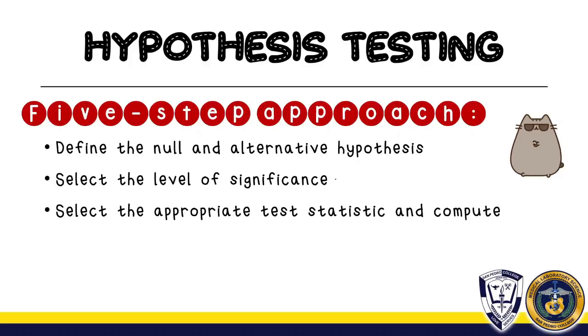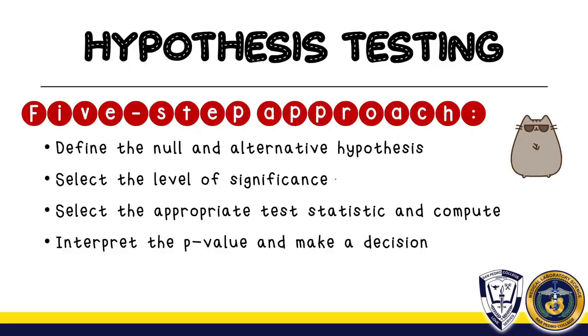Then select the appropriate test statistic and compute. So, of course, once you na-point out nyo na po kung ano yung test statistic na gagamitin nyo, na kung parametric ba siya or non-parametric, and then anong klaseng non-parametric, kay sign test ba siya, kay Kruskal-Wallis ba siya. So once you selected the appropriate test statistic, then you can proceed to computing that one. And then once we are done computing and we already have the p-value, interpret now your p-value. Remember our rule for interpreting your p-value.